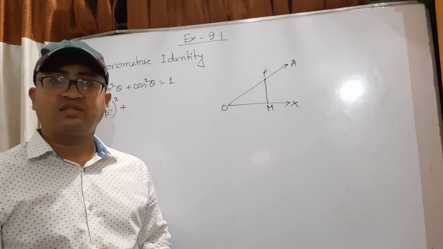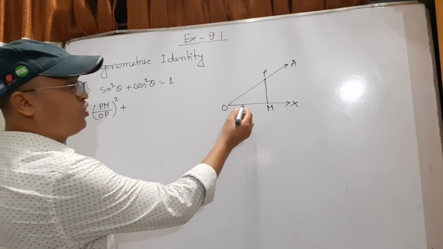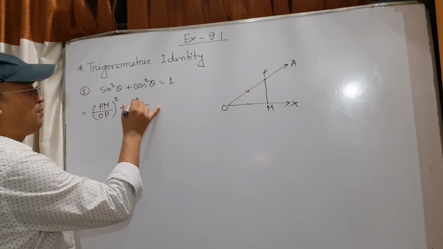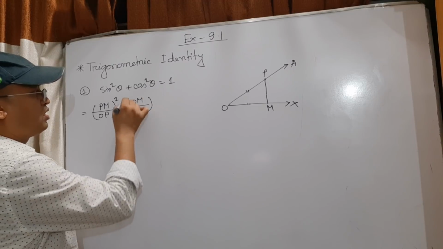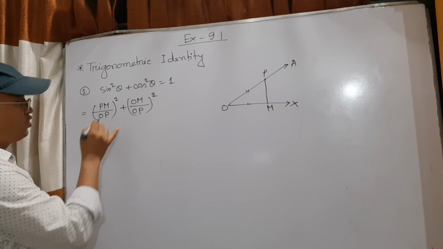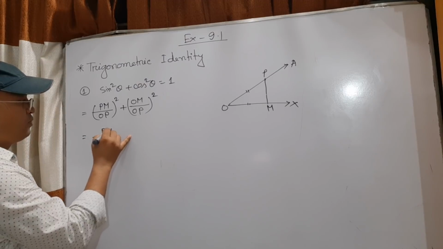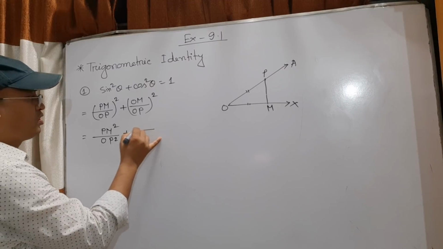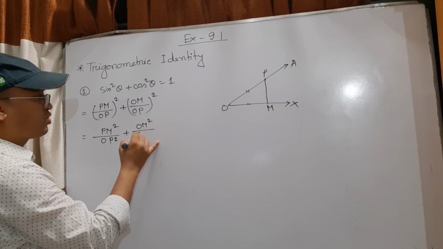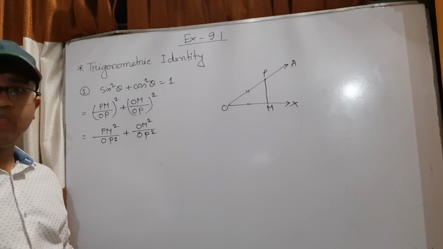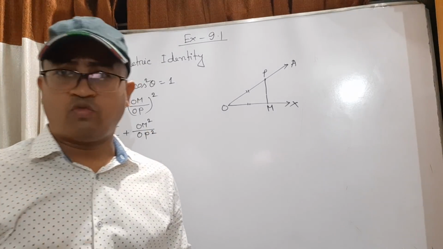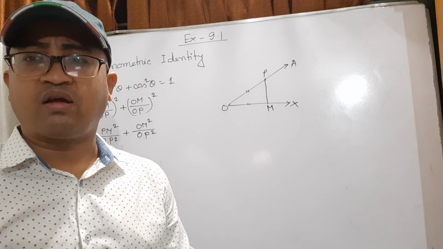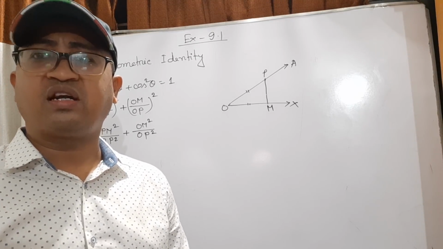Cos theta is adjacent side by hypotenuse, that is OM by OP, whole square. So I can write PM square by OP square plus OM square by OP square. You should memorize the ratios.